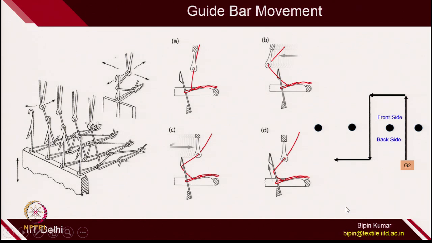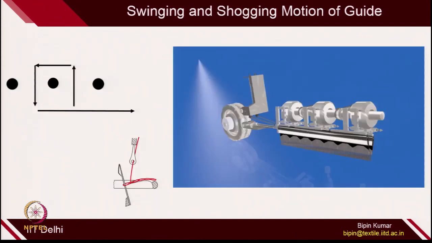Each individual guide during course formation has to perform these four motions, shown by the arrows. How they are defined, I am going to introduce in the next slide. These four motions are actually called swinging and shogging motions.